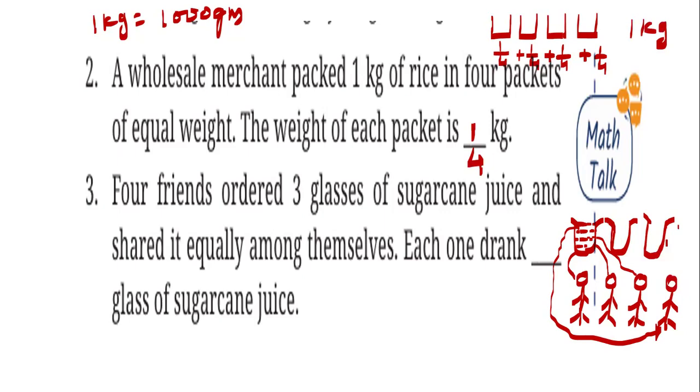In all 3 glasses, they divide like this into 4 equal parts. The total number of persons is 4, and they get 3 by 4. Each one gets 3 by 4 glass of sugarcane juice.